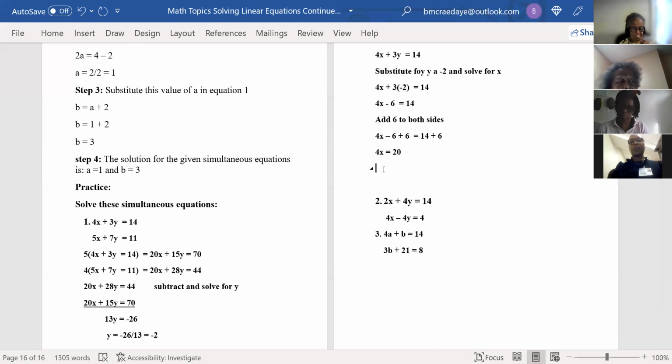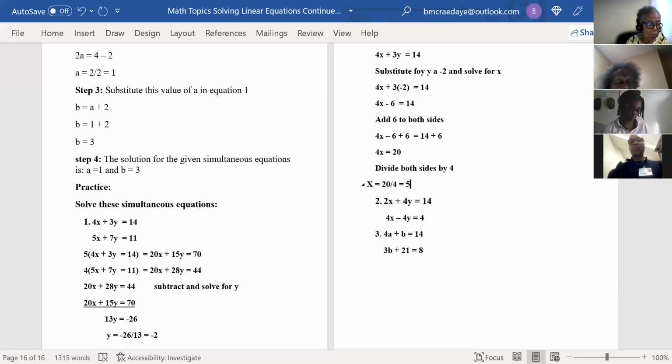Divide. Divide by what? 4. That's right. Divide both sides by 4. Okay, so that would give you x equal 20 divided by 4, and that would be equal to 5.